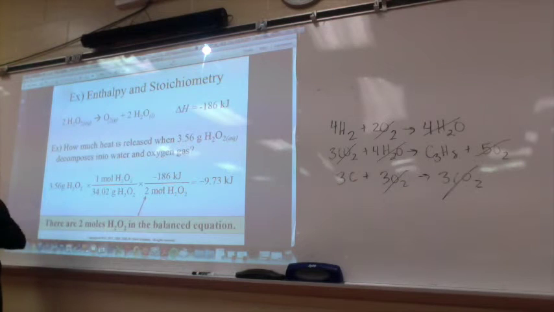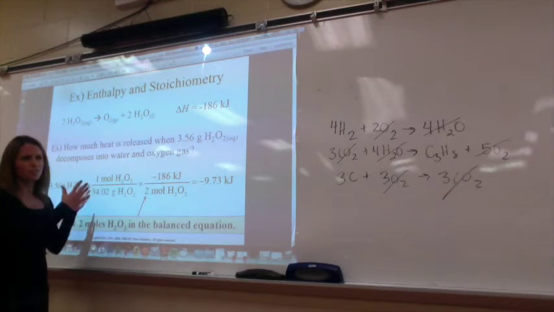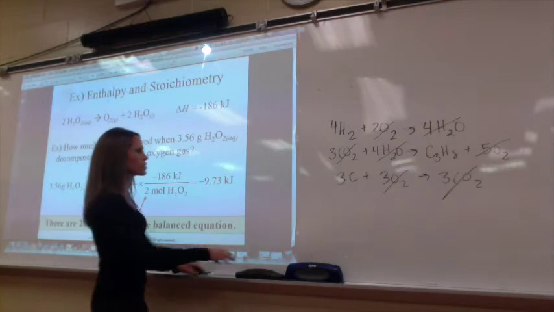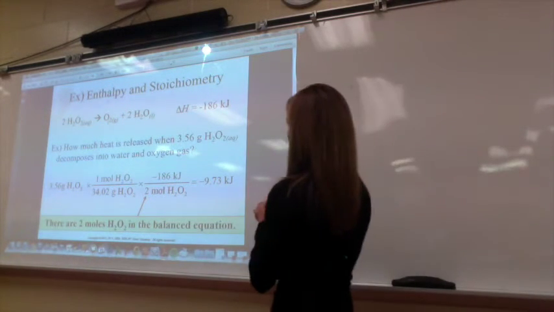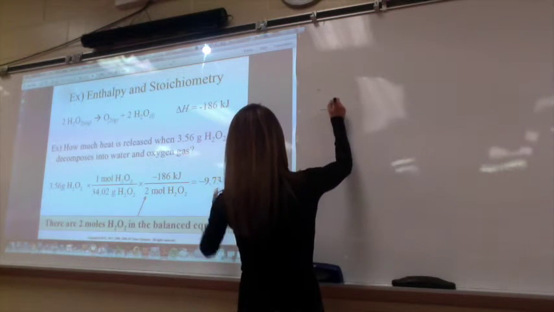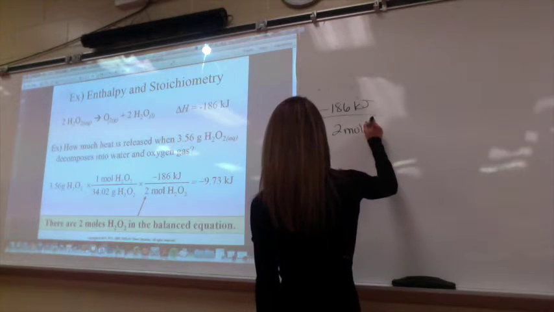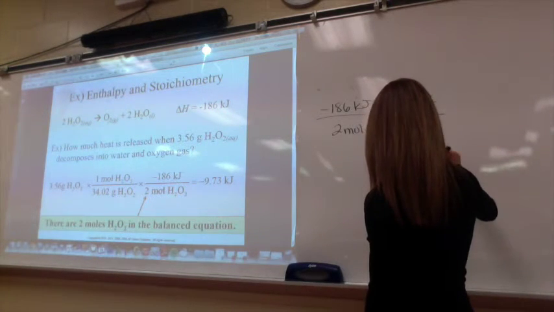So if I'm trying to figure out how much heat is released when 3.56 grams of hydrogen peroxide decomposes, it's a ratio. This looks a little different than the way I do it, but it's still a ratio. I still would like you to use a ratio. So when I solve for this, I'm going to say, well, this is negative 186 kilojoules for 2 moles. So what is my Q value for my moles?